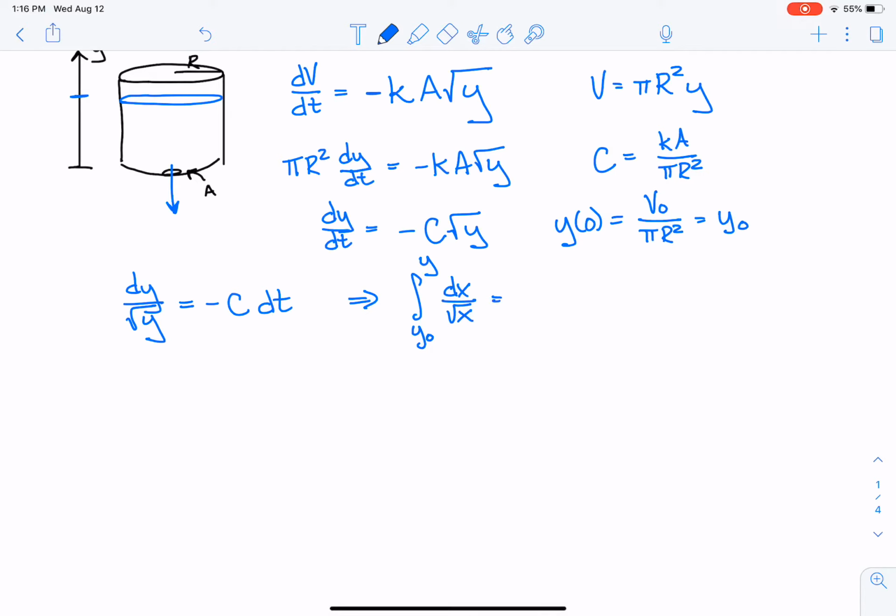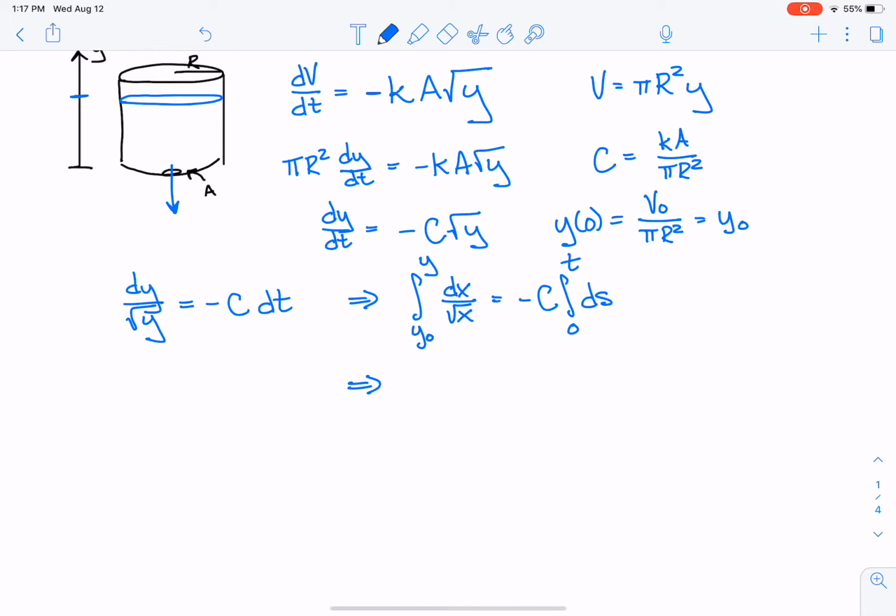And then I'm going to integrate the right-hand side in t, so it's minus c times the integral from 0 to t, and what's left is just dt, but I need to, again, use another variable, so I'll use ds.